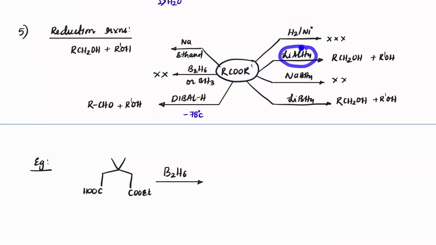They will respond to lithium aluminum hydride and get reduced. With NaBH4, no reduction. LiBH4 is made out of NaBH4 just to ensure that esters are reduced. Next, DIBAL-H will convert into aldehyde and one part will be alcohol. This part will be alcohol. B2H6 has no reaction. Sodium and ethanol will also give you the same reaction as lithium aluminum hydride.